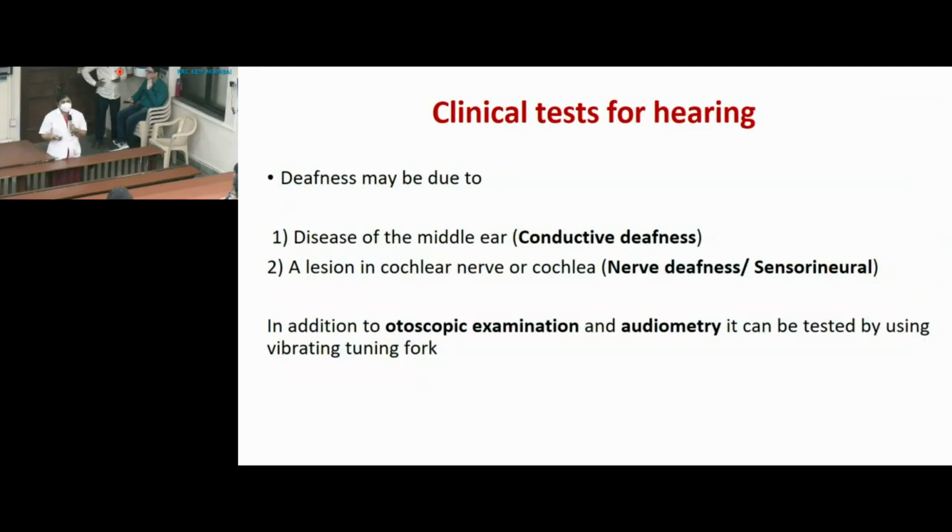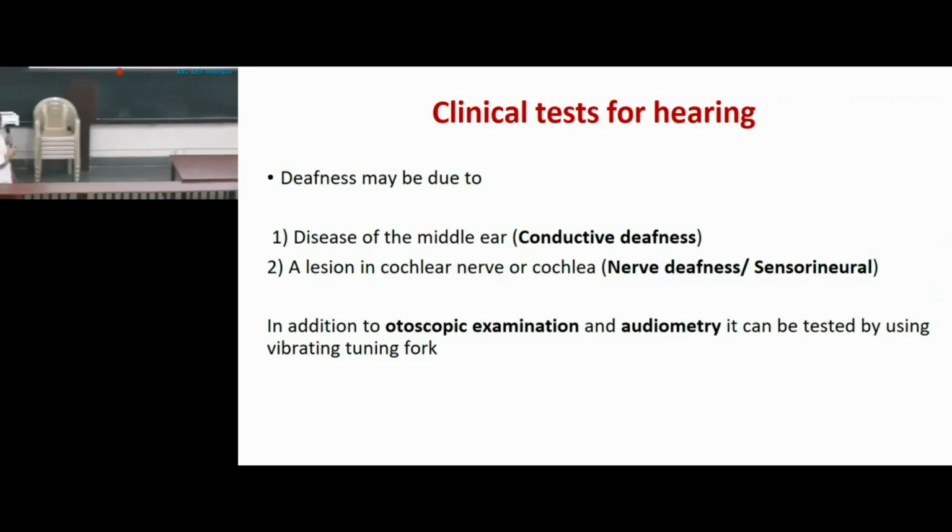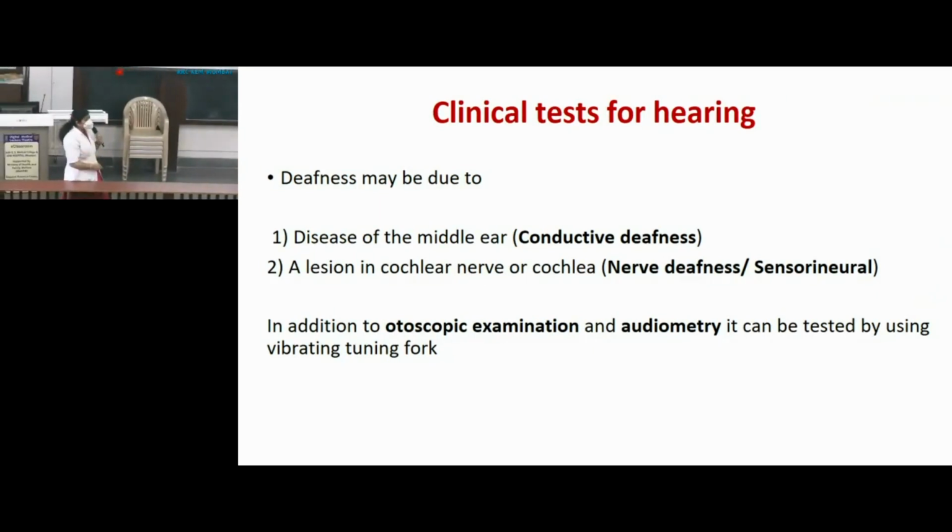What are the clinical tests for hearing? So deafness is the inability to hear. There are two types of deafness, conductive deafness and sensory neural deafness. Conductive deafness is mainly because of a problem in conduction, which is because of diseases of the middle ear, basically problems in bone conduction, inflammation of the middle ear, collection of pus, ossification of the ear ossicles.